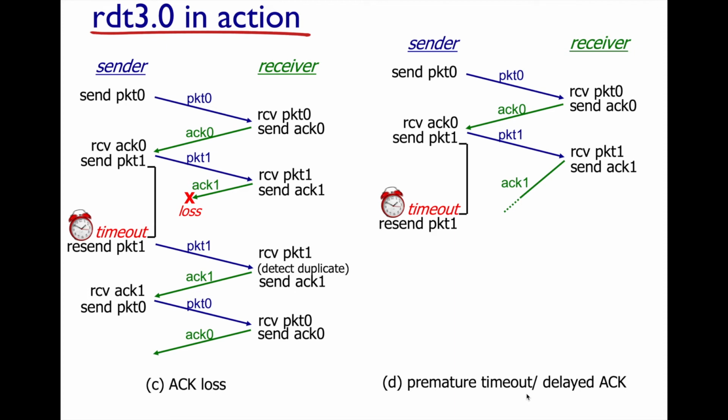So from the sender's perspective, if this timeout expires before that ACK arrives, the sender has to assume that something must have gotten lost. Well, it hasn't gotten lost, but it looks the same as if it were lost because there's no way of telling. And so once that timeout expires, the sender resends that packet.